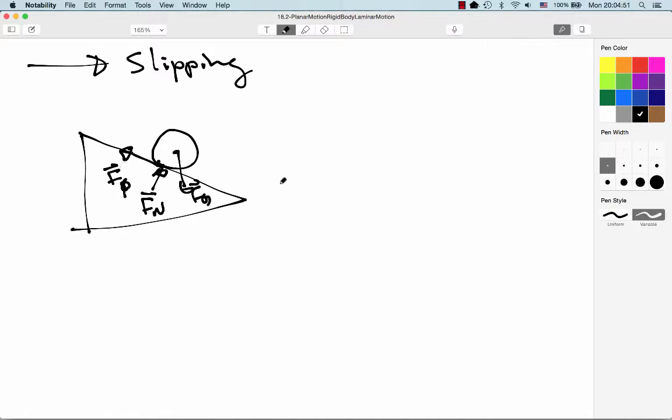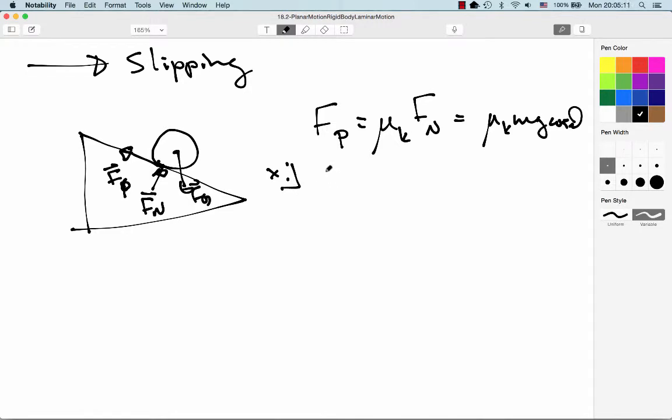So here, the force due to the inclined plane will be equal to the coefficient of kinetic friction times the normal force. And we've already worked out the normal force is mg cosine theta. Then my x equation of motion will become m x double dot equals mg sine theta minus mu k mg cosine theta, and we can cancel m's all around.